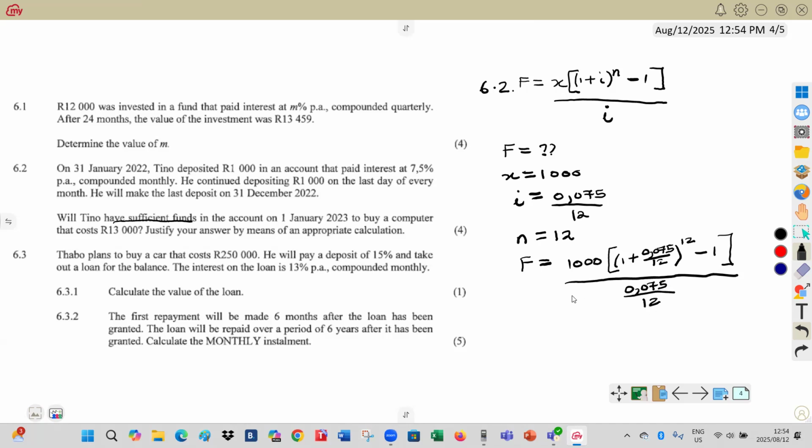Then we simplify that. What are we going to get?